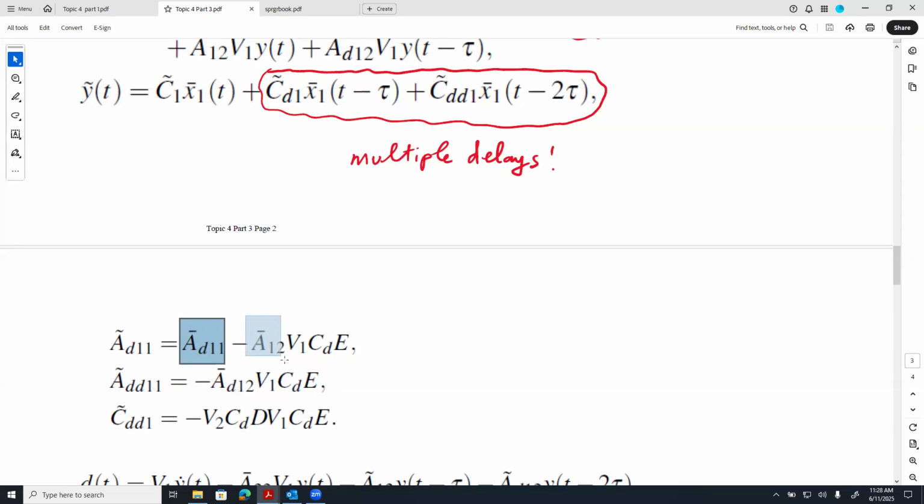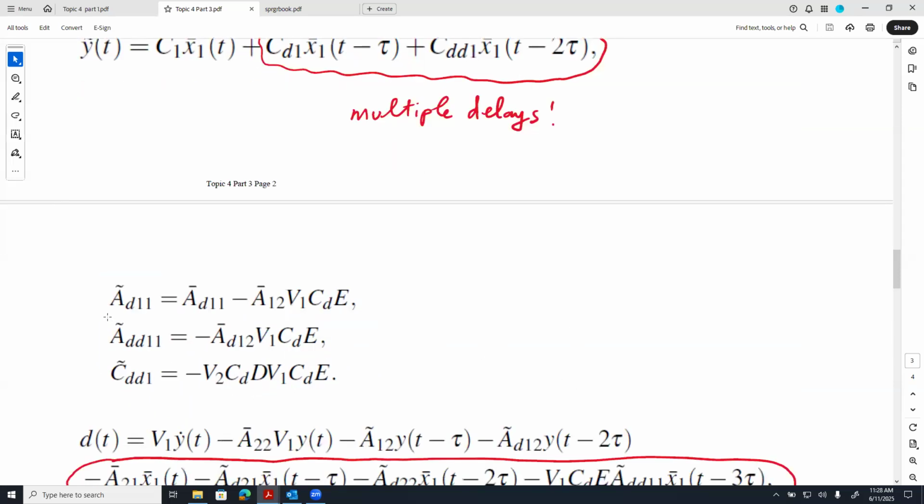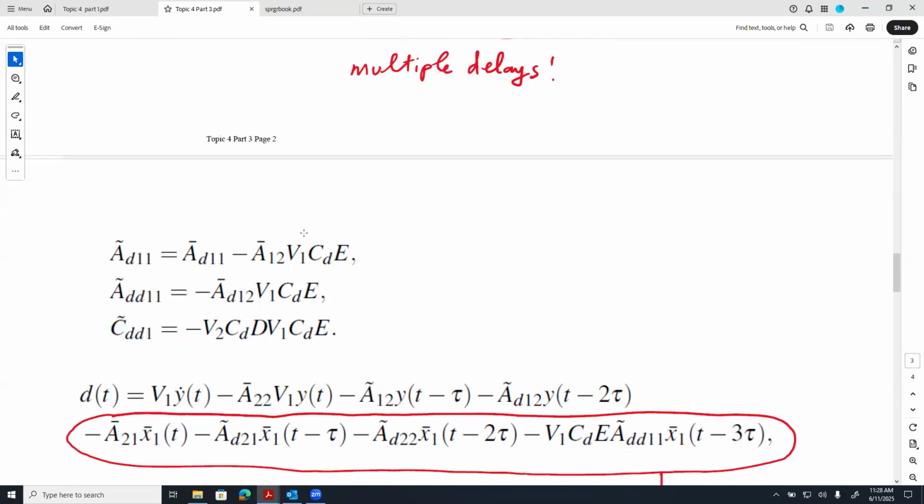So that one is known. This is also known. V1 is known. CD is known. E is known. So matrix A tilde D11 is known, and so are the rest of those matrices. Okay. So we see that it's actually in terms of that expression there, because that expression is not zero anymore.